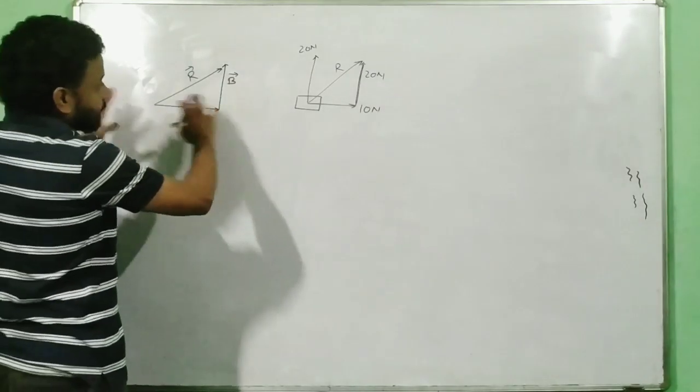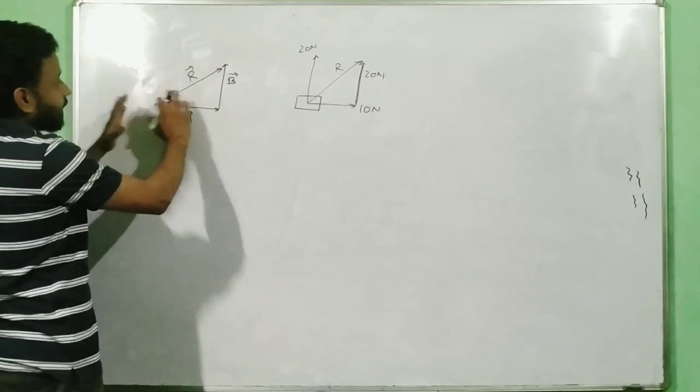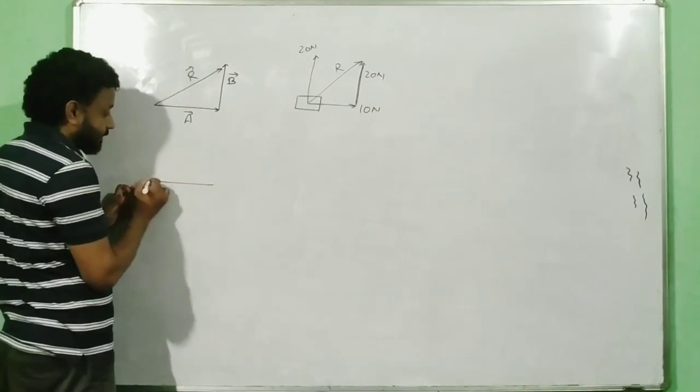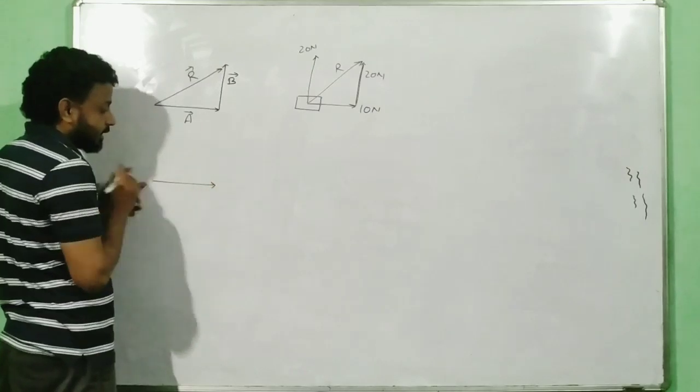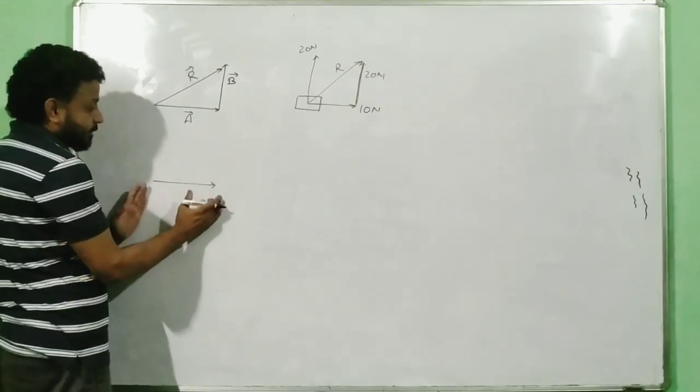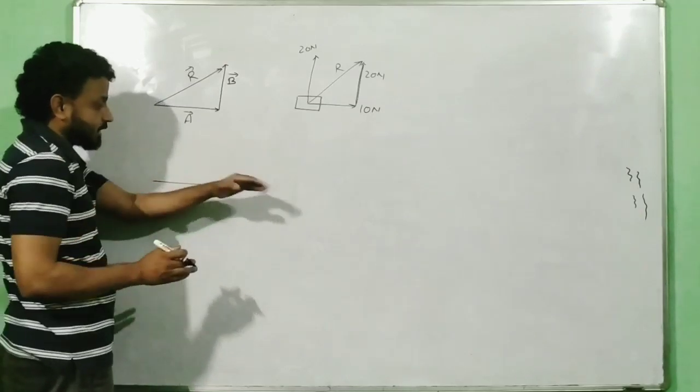In vector addition, the law says that if you have drawn the first vector from tail to head in this direction, this we call the tail, this we call the head, it is a vector acting along this direction.